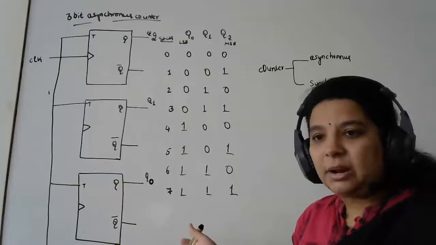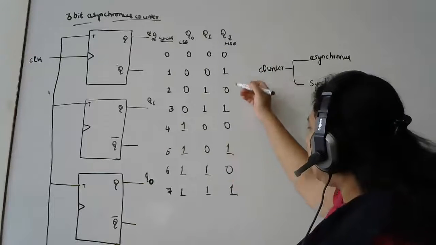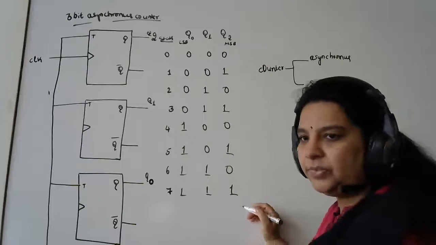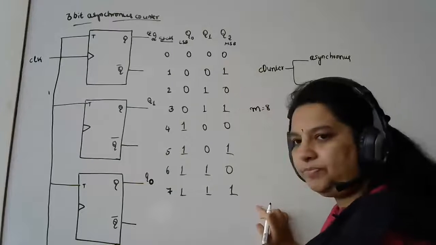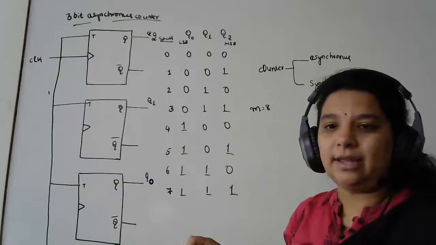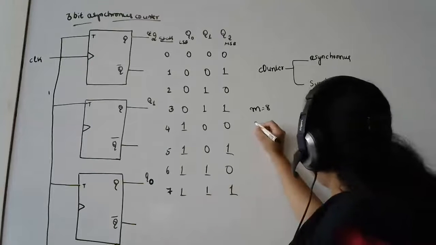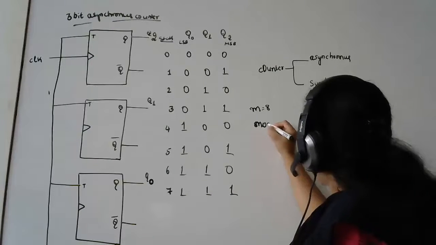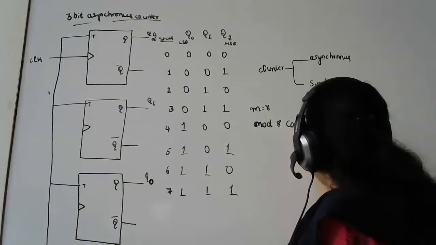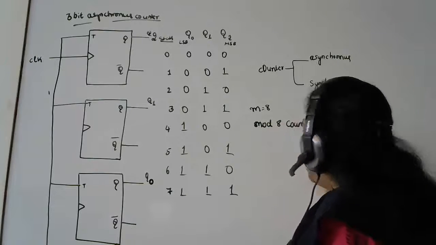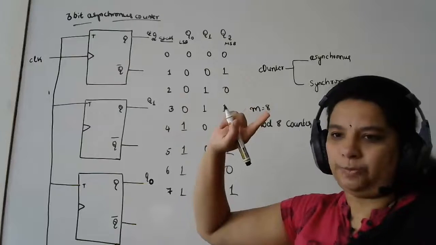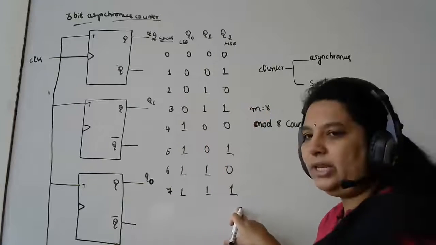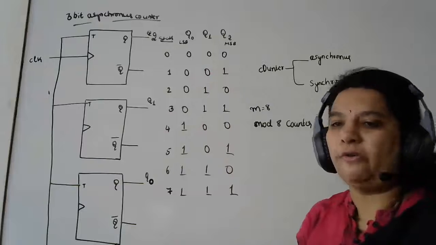I have altogether 8 states here, right? So my M is equal to 8, and I call this a mod 8 counter. After 8, what happens? Again it starts from 0. After 1 1 1, again it goes back to 0. Roll over.